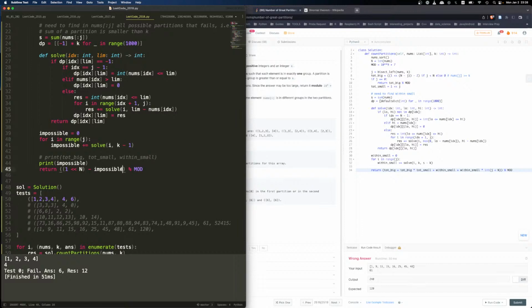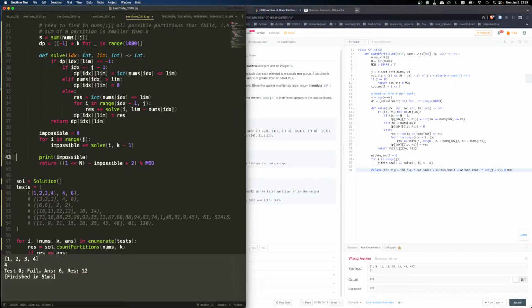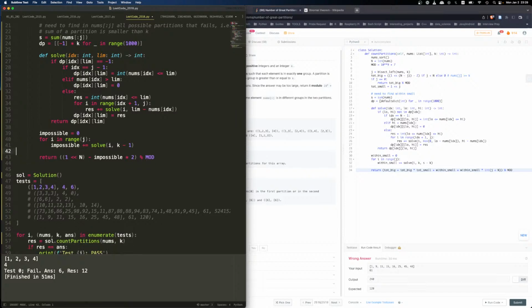So I have to multiply by 2. It's still not right. I think on the first or second, it still does. 4, 8. Oh, we need a -2. Because we cannot have the empty.